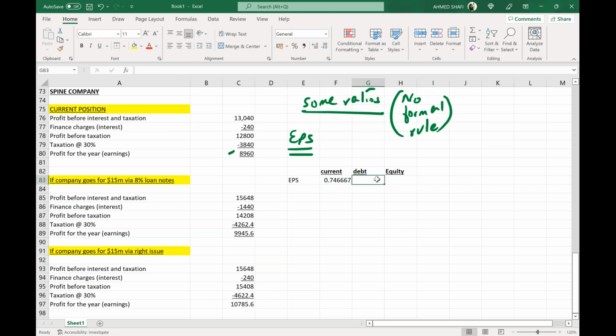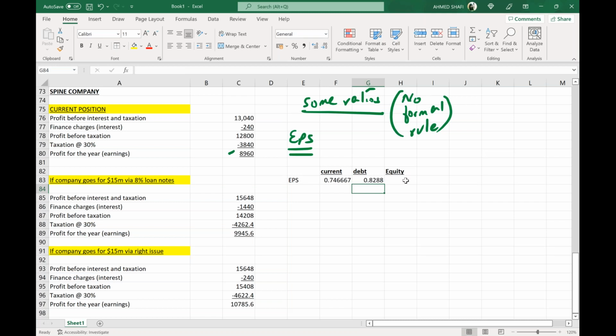If you go for the debt option, check the EPS of the debt option. What is the PAT of the debt option? 9945.6. Preference dividend 0. Number of ordinary shares: does the debt option increase the number of ordinary shares? No. So the number of ordinary shares will still stand at 12 million, 12,000. 0.8288.